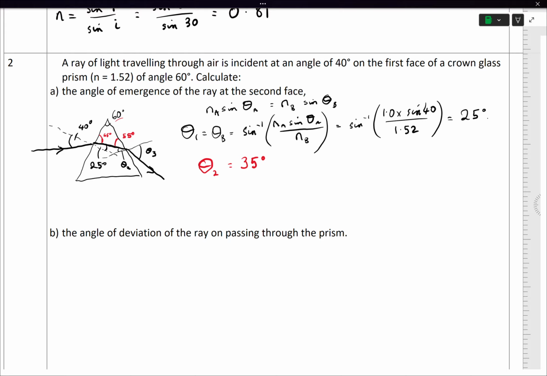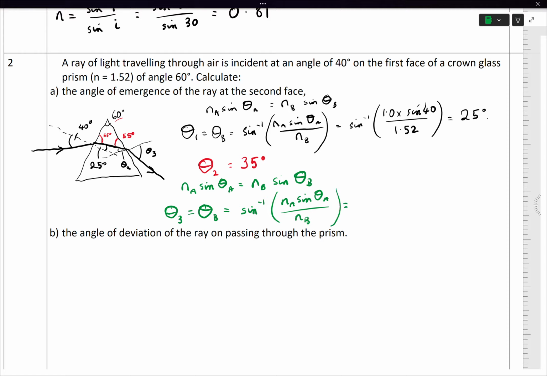Then when we get to the second surface, we're again going to need to use Snell's law. NA sine theta A is equal to NB sine theta B. This time I want to find theta B, which on my diagram is also called theta 3. So theta 3 is equal to the inverse sine of NA sine theta A over NB.